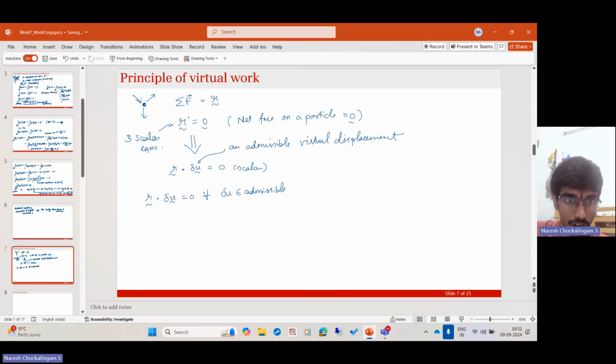This is straightforward. You dot product something with a 0, you get a 0. But what is even more powerful is that when you take this del u to be arbitrary, when you allow arbitrary admissible displacements, this statement also implies the converse. So this is exactly equivalent to R equal to 0.